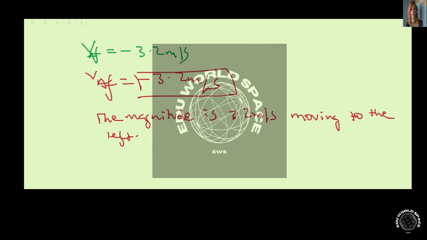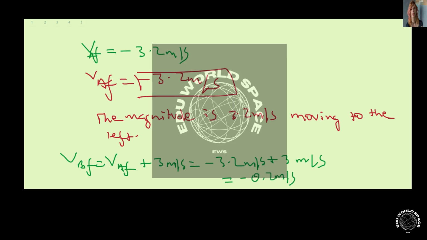So the final velocity of B equals the final velocity of A plus 3 meters per second, which is negative 3.2 meters per second plus 3 meters per second, and that gives us negative 0.2 meters per second.